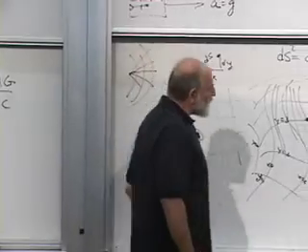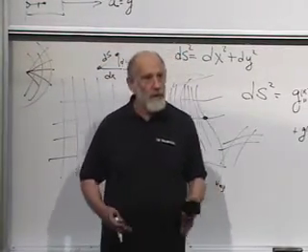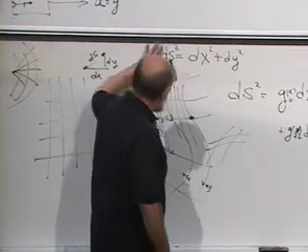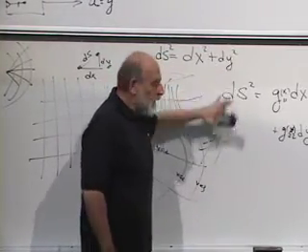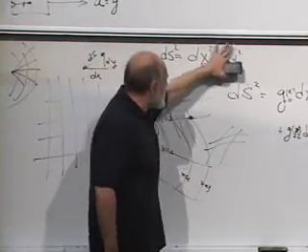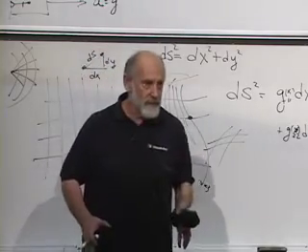But we're still just describing the blackboard, and the blackboard could always be described by these coordinates here. When you can describe a geometry in this simple way, the geometry is called flat.